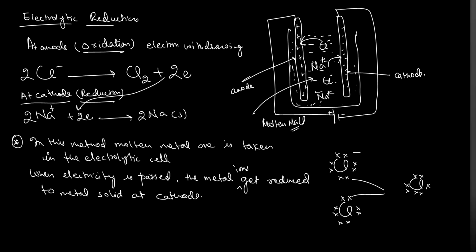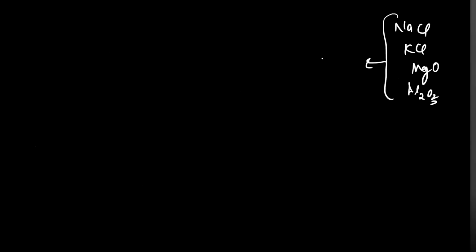But the metals that are above, like sodium chloride, potassium chloride, magnesium oxide, Al2O3, these are highly reactive, and for these we use electrolytic reduction.